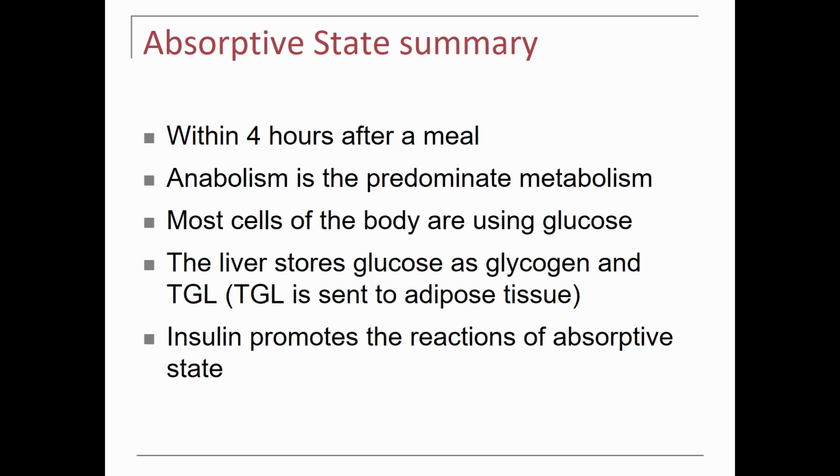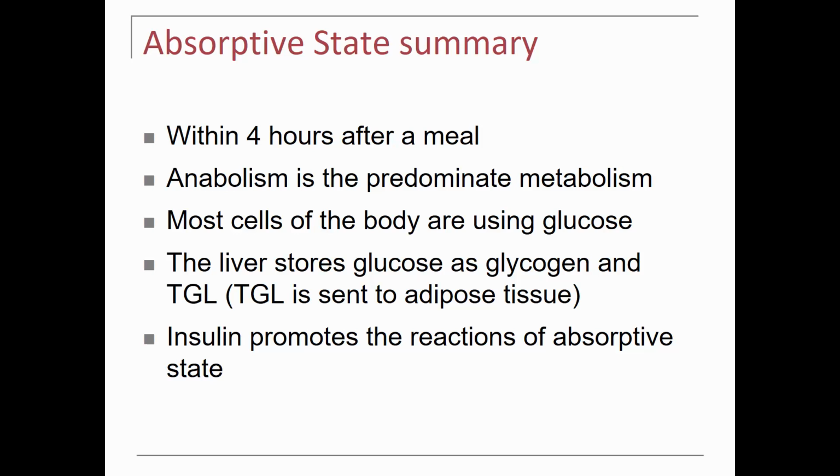You take amino acids and you covalently bond them together to form a more complicated molecule called a peptide or a protein. You take glucose molecules and you covalently bond them together and you form a more complicated molecule called glycogen. So storage reactions are the predominant type of metabolism occurring right after a meal.